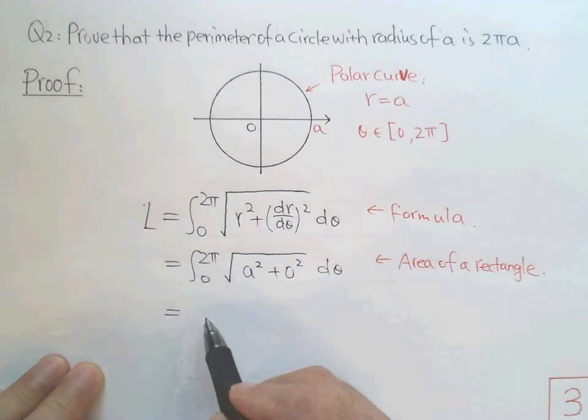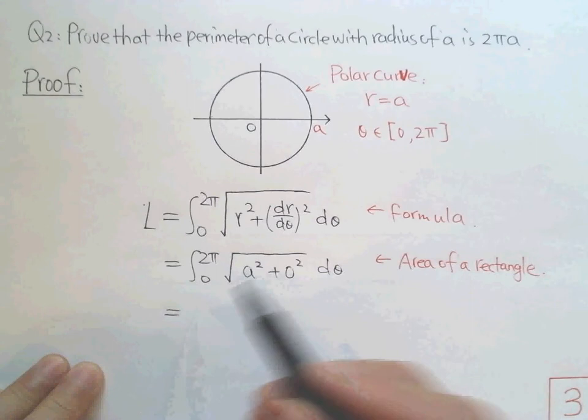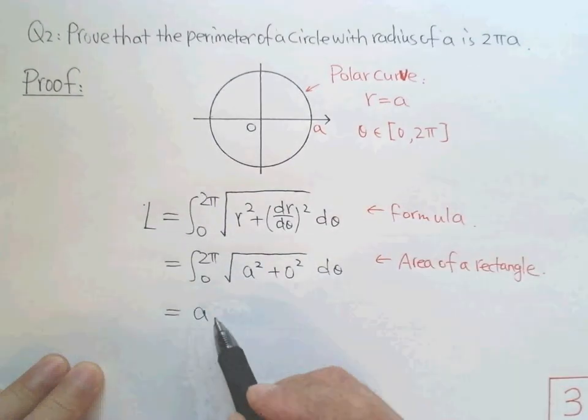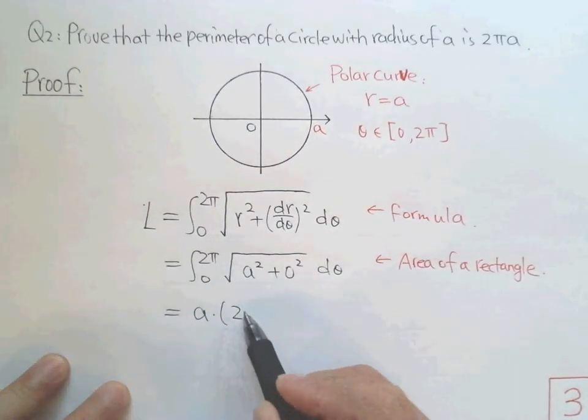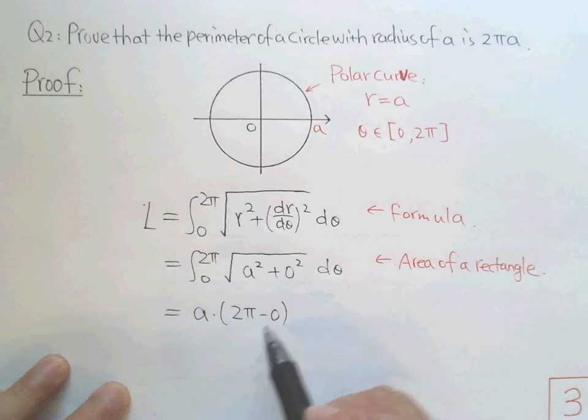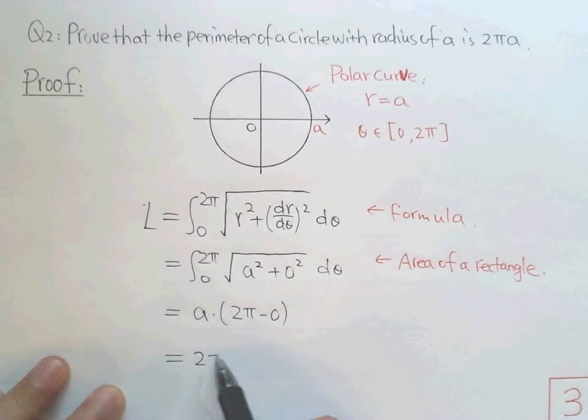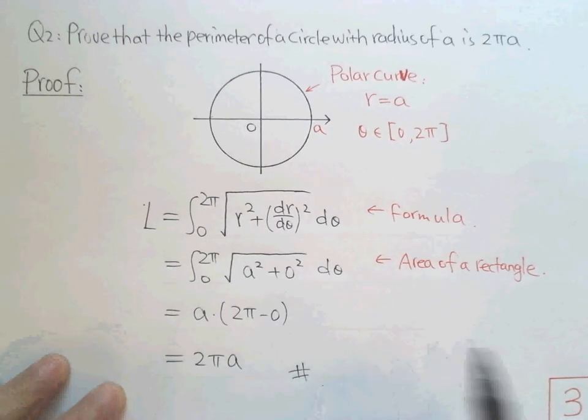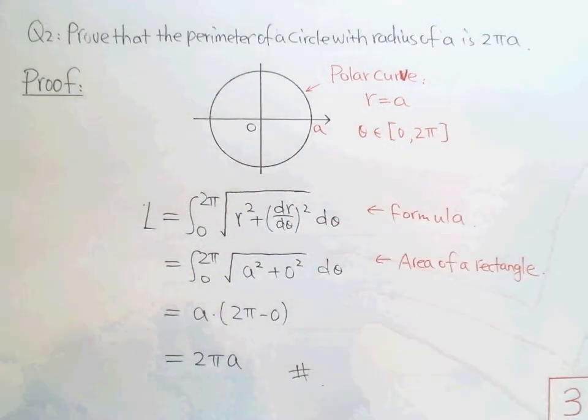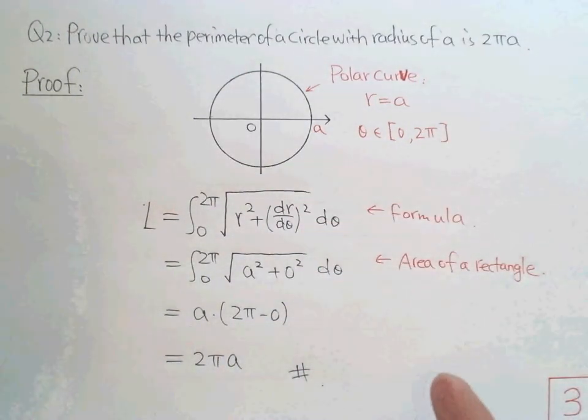The height is a. A is a positive number. The height times the base is 2 pi minus 0, and you know this is 2 pi a, right? See how easy, we already proved. So now you know how to prove the perimeter is diameter times pi, right? That's all. Thank you.